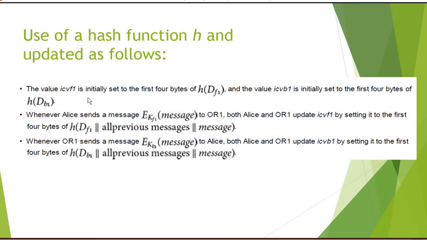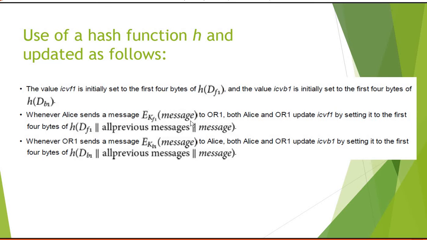Now the hash function h will be used, and DF1 is the forward key, DB1 is the backward key, as we have seen in the previous slide. Now Alice is sending a message to the web server, so it will pass through all these onion routers. Here the forward key is KF1 between Alice and onion router 1.